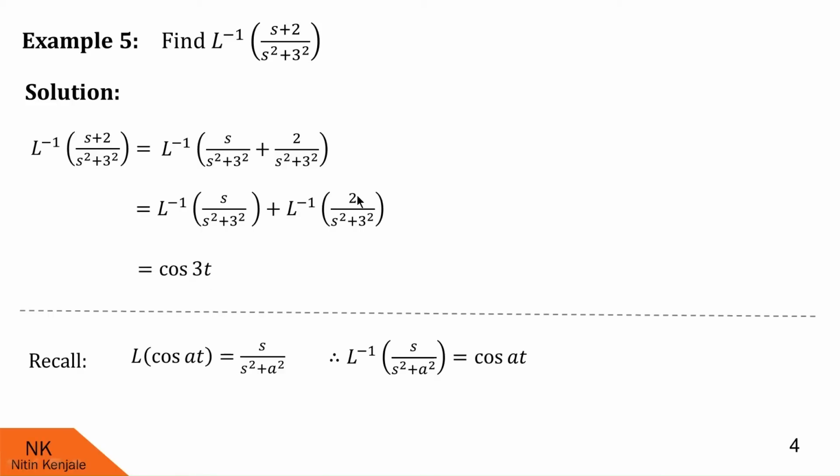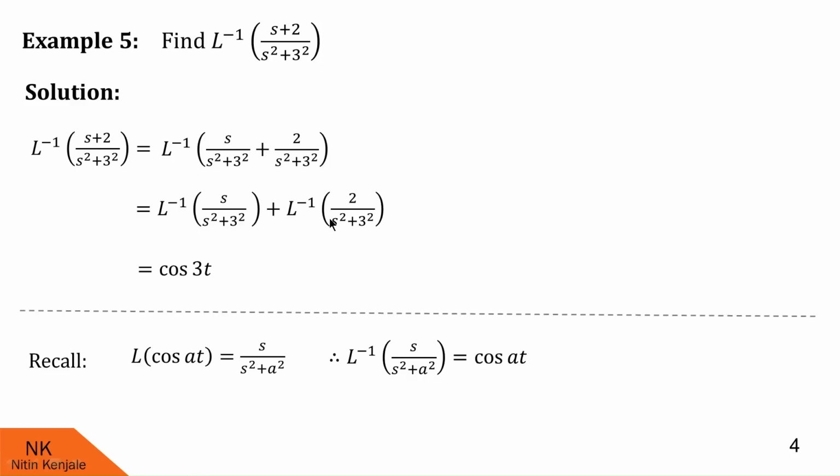Now to find L inverse of 2 upon s square plus 3 square, we have to take out this constant. Then we will be left with 1 upon s square plus 3 square. 1 upon s square plus 3 square is nobody's Laplace transform unless you have 3 in the numerator. So we will bring 3 in the numerator by multiplying and dividing this function by 3.